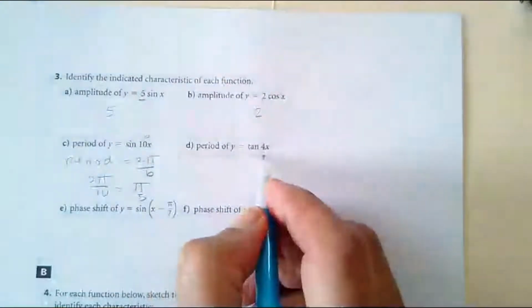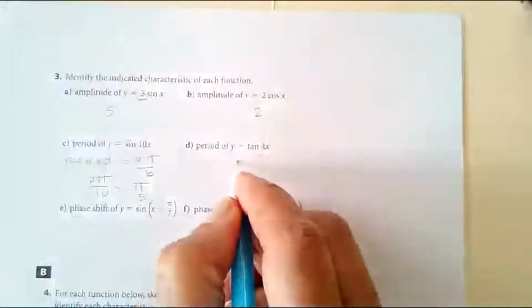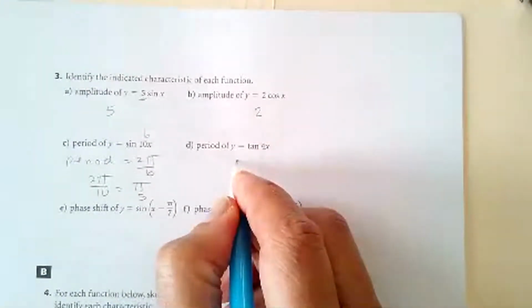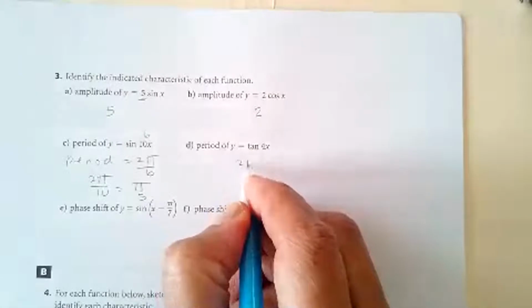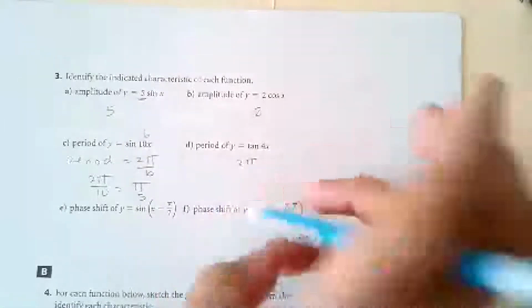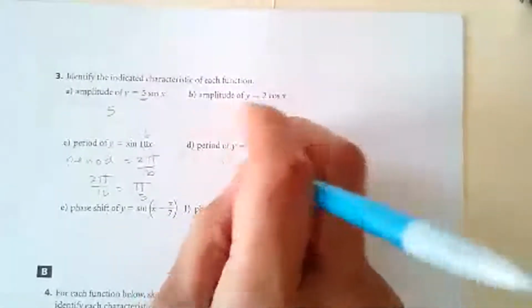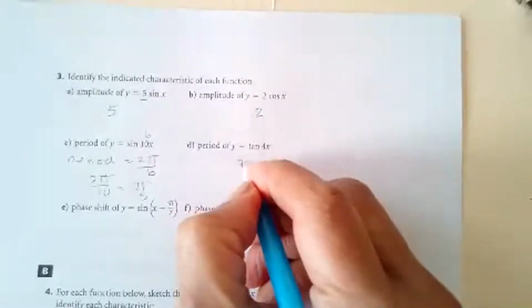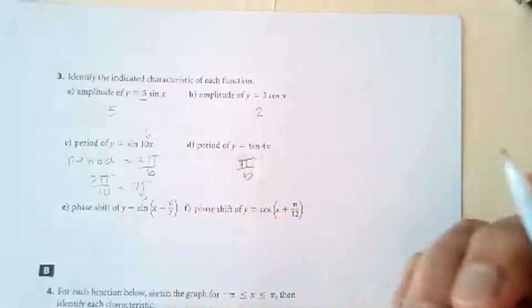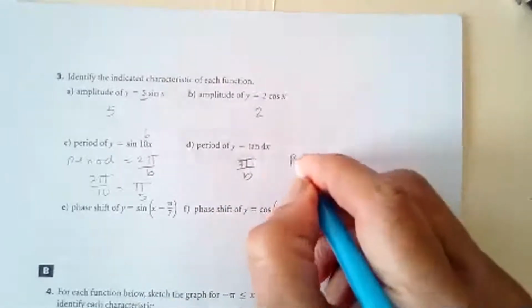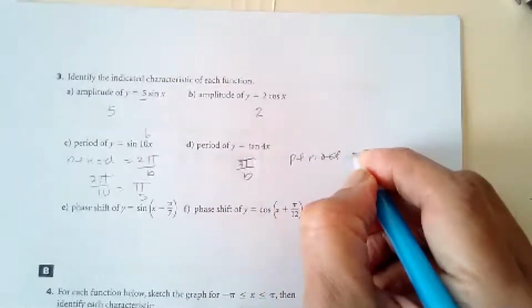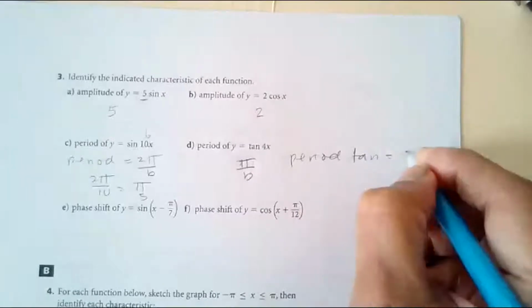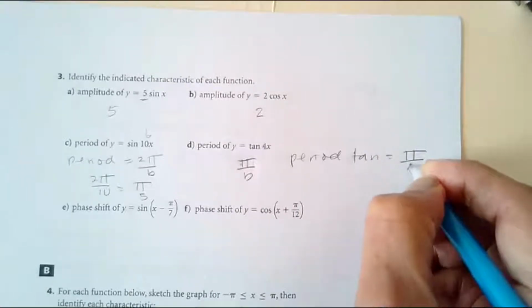The period is the same thing here, 2 pi. Oh, for tangent now, it's pi over b. So for the period, for tangent, it's pi over b.